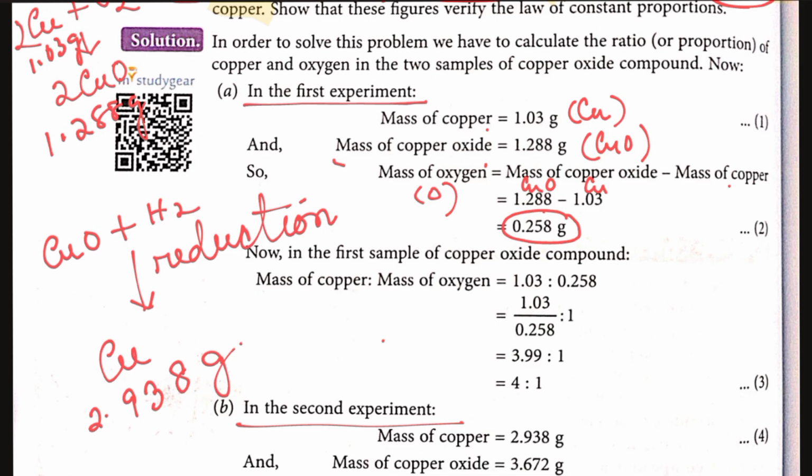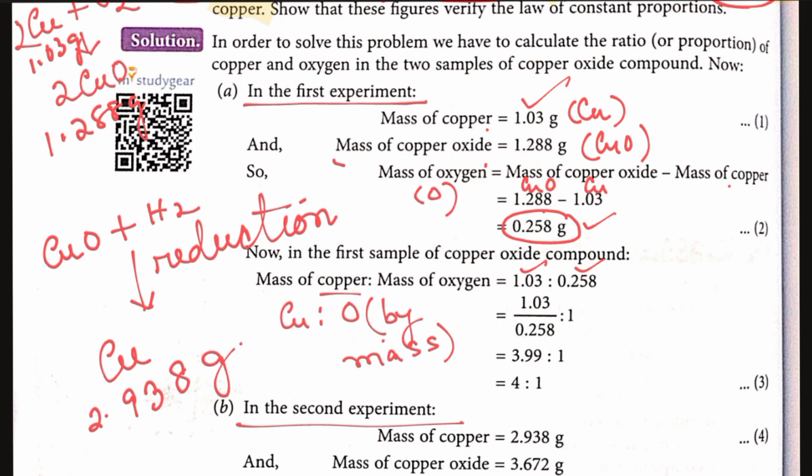This much calculation you have to do. Now this is the mass of oxygen and the mass of copper is already given. You can find copper is to oxygen by mass. What is the ratio? Copper was 1.03, oxygen you calculated as 0.258.